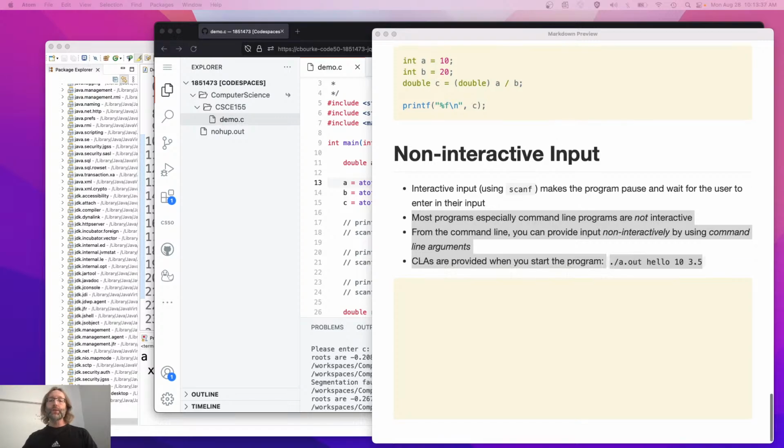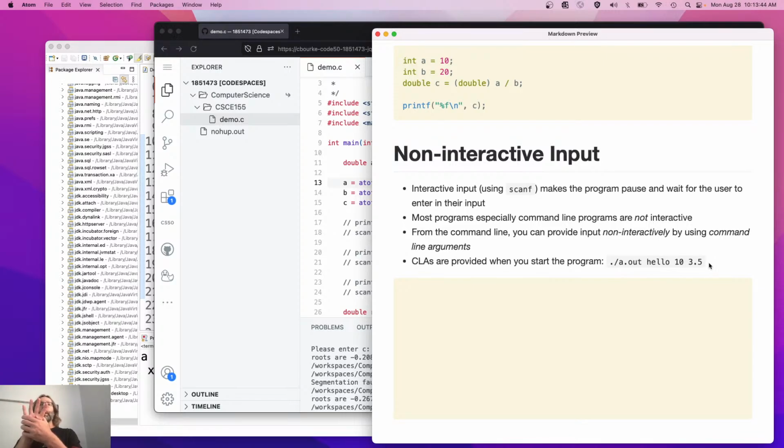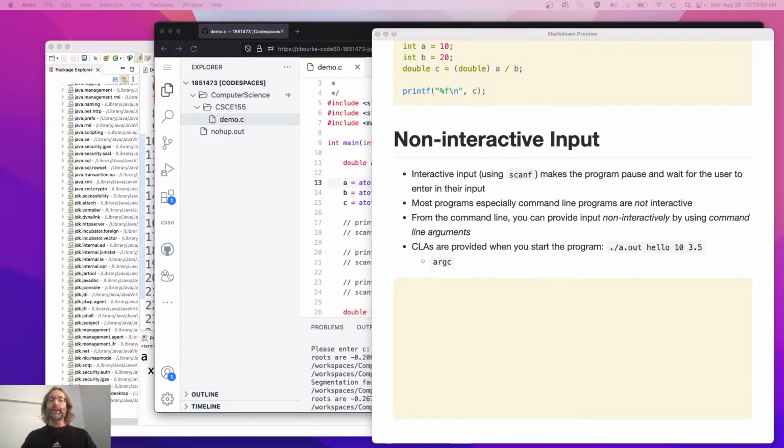Here's an example. If I go a.out hello, 10, and 3.5, there are actually 4 arguments there. The first argument is always going to be the executable file name. And that's why when you start at 0, that's what you get. First of all, argc is the count, the number of arguments.